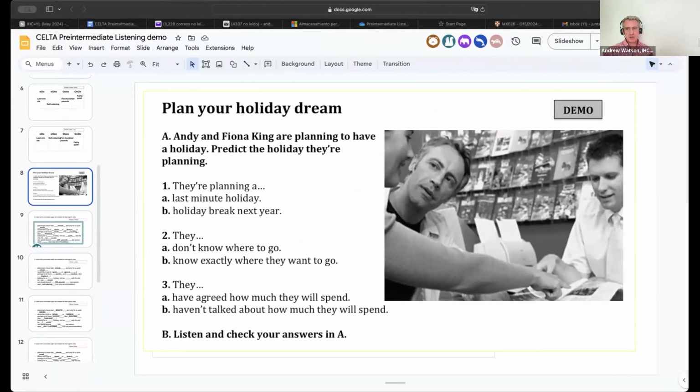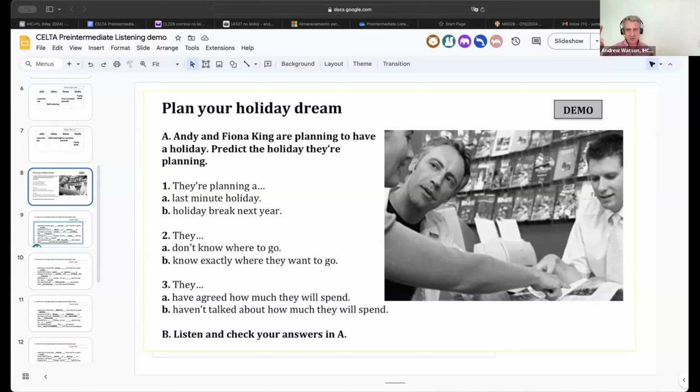Rosa, I can hear you speaking, but you're muted. A quick reading. Yeah, it's a quick reading, isn't it? It's what we call reading for gist. It's for the general idea, to get a general understanding. And so it is with listening, right? All the time they need to listen twice.